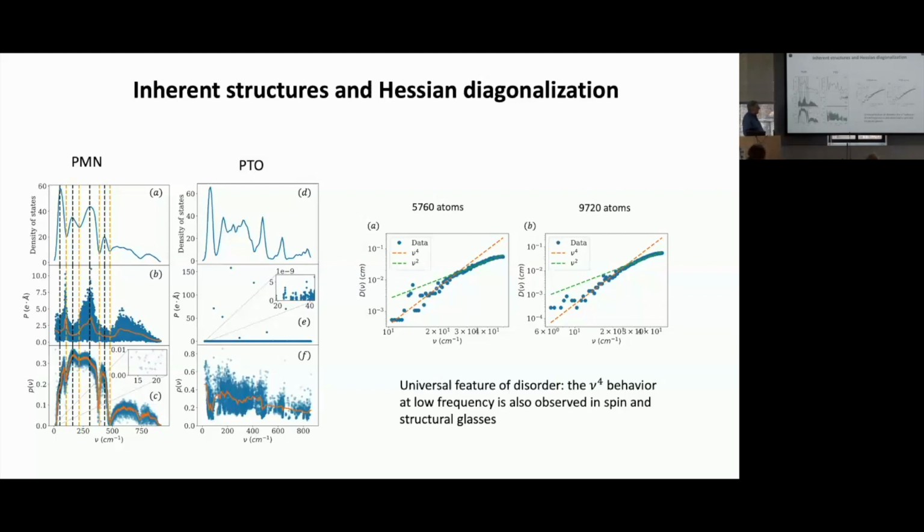Is that related to the response of the system? That is a question mark, but definitely that is there, and it's there also in this other system. And it is quite interesting that we can do this kind of study with a very realistic model.